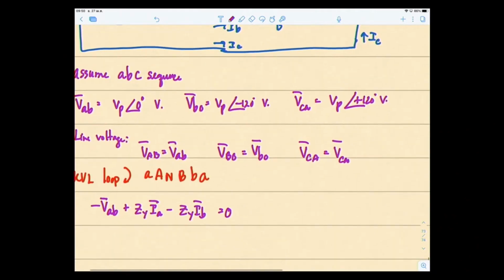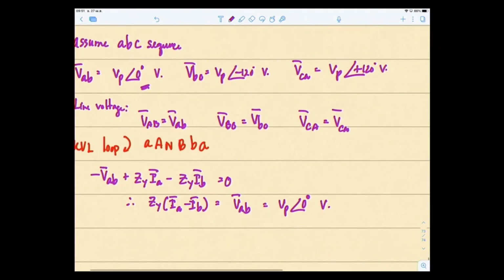So therefore I will get ZY times IA minus IB equal to VAB changed to the other side. Of course, VAB we know is equal to V phase at 0 degrees, whatever the problem gives you. So therefore we get line IA minus line IB equal to V phase at 0 degrees divided by the impedance ZY.